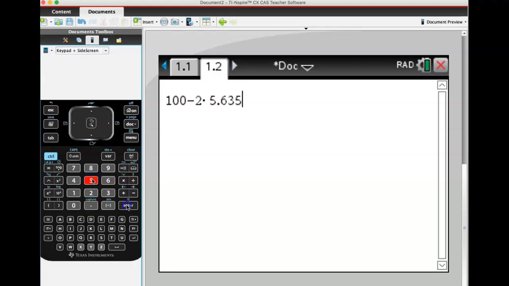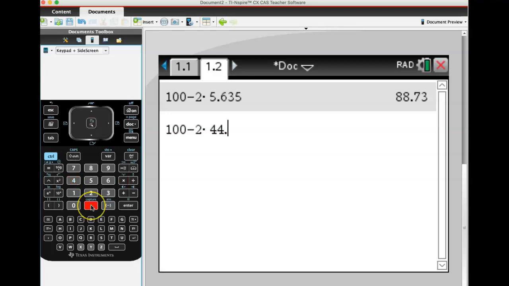5.635 feet. Oh, it must be 88.73 feet. And the other one would be 100 minus 2 times, what was my other one? 44.365 feet. So the other one was 11.27.